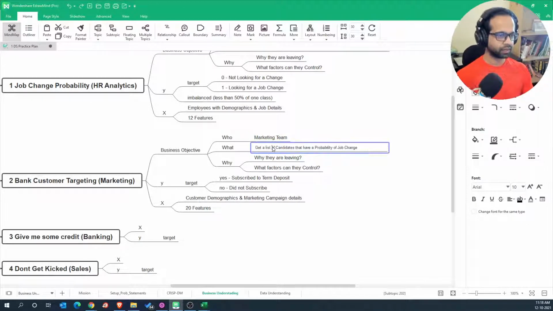And so get a list of customers that have high probability of converting, right? Now, marketing doesn't always have a big budget to reach out to the entire database, all the customers, right? They want to reach out to a small set of customers and ensure they are converting most of them.